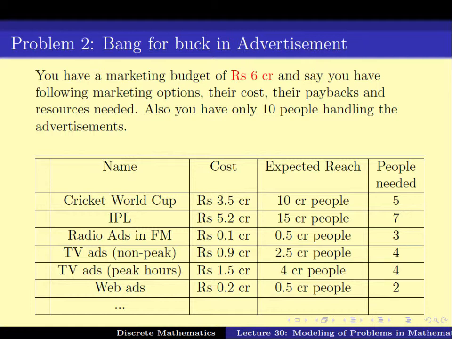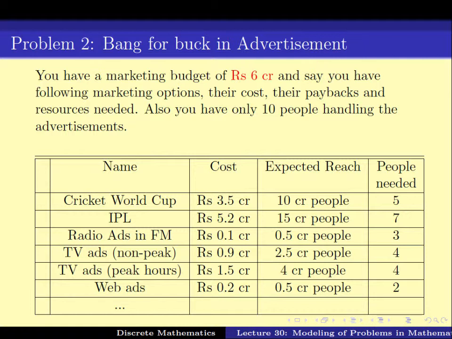Or you can decide to maybe sponsor the IPL, in which case you will have to pay 5.2 crore and you expect to reach something like 15 crore people, but the number of people required to pull off this advertisement is 7.